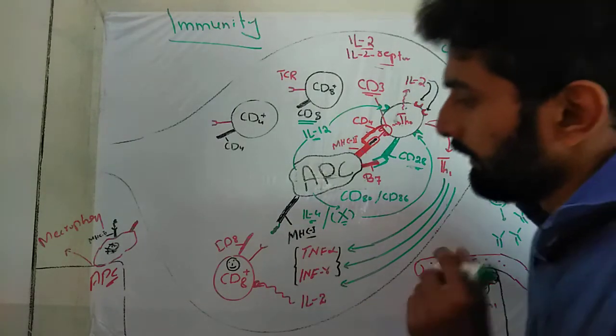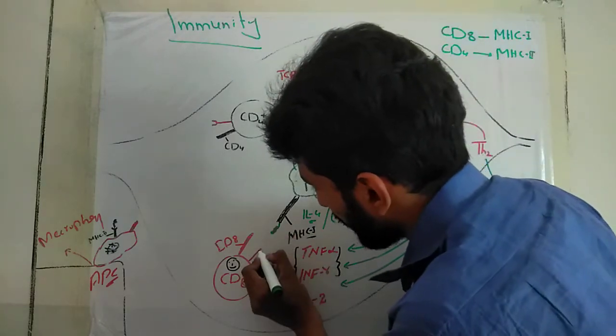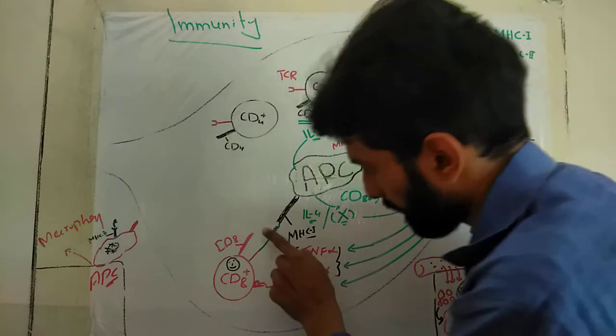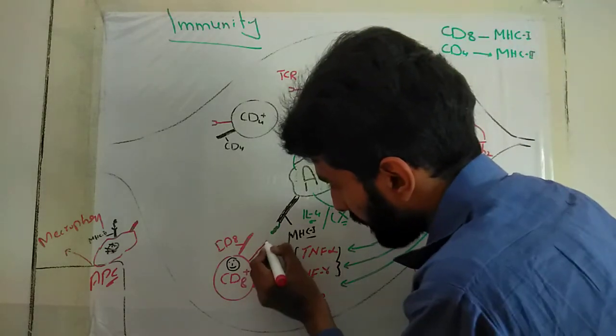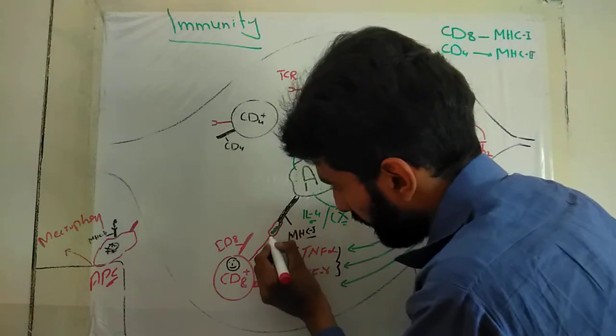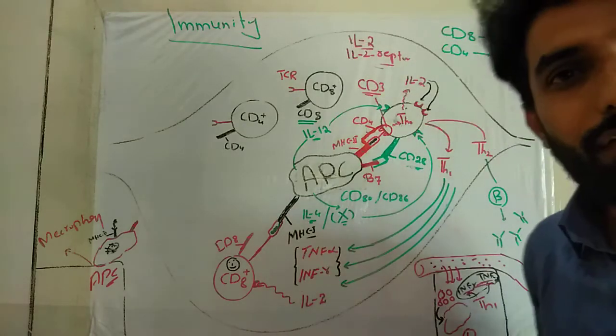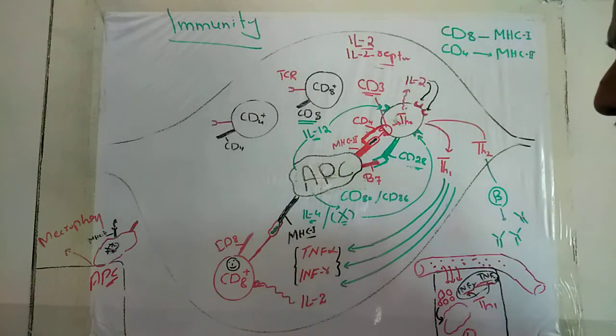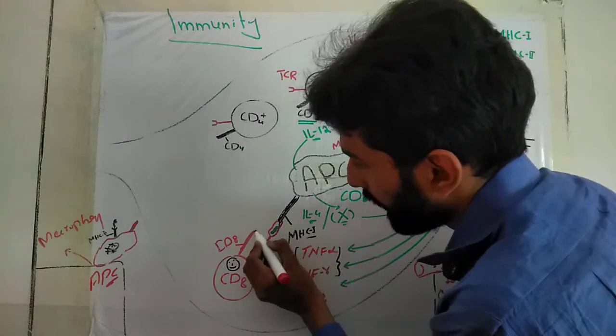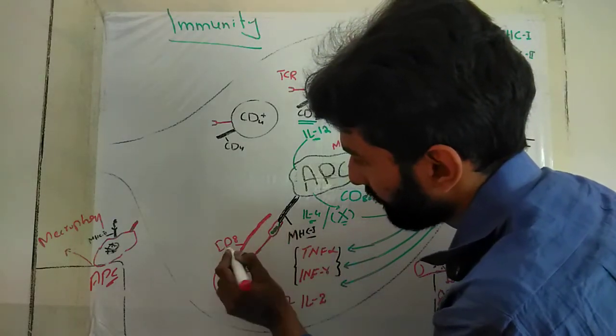So this antigen will be recognized by the cytotoxic T cell, and this is the stage 1 interaction. Now this stage 1 interaction will be further strengthened with the help of CD8.